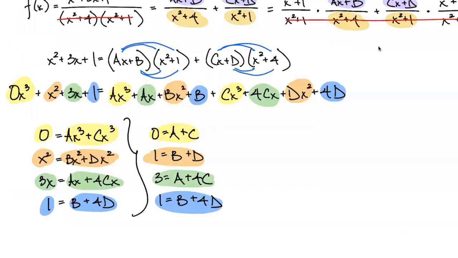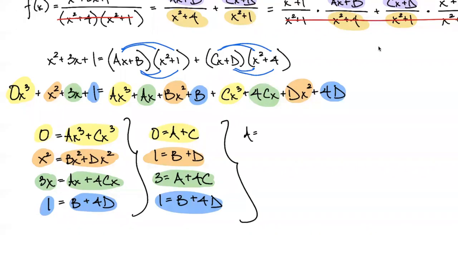Now, ordinarily, at this point, you would have to solve for a, b, c, and d. But if you scroll back up into your notes a little bit, you might notice this is the same example we used for systems of equations practice earlier.